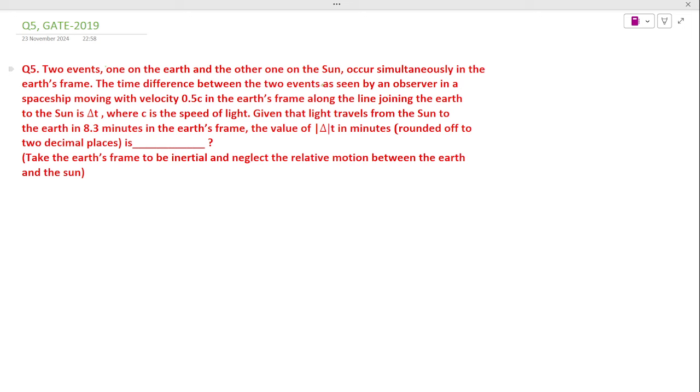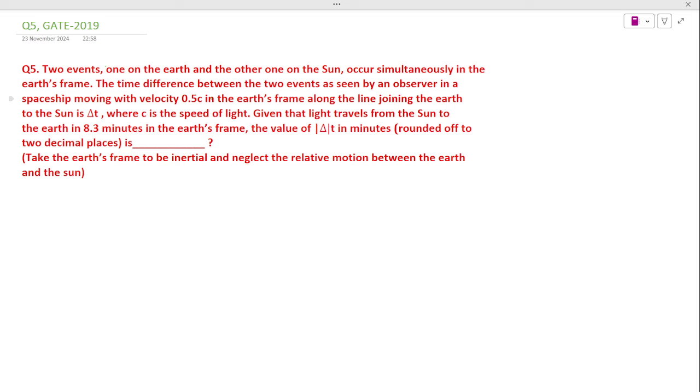The time difference between the two events as seen by an observer in a spaceship moving with velocity 0.5 c in the earth's frame along the line joining the earth to the sun is del t, where c is the speed of light. Given that light travel from the sun to earth is 8.3 minutes in the earth's frame, find the value of mod del t in minutes, rounded to 2 decimal places. Take the earth's frame to be inertial and neglect the relative motion between the earth and the sun.